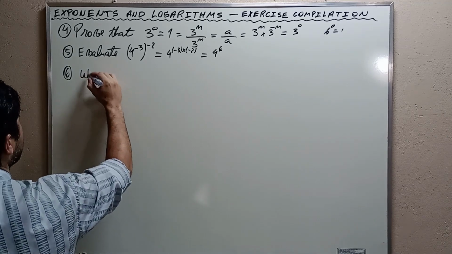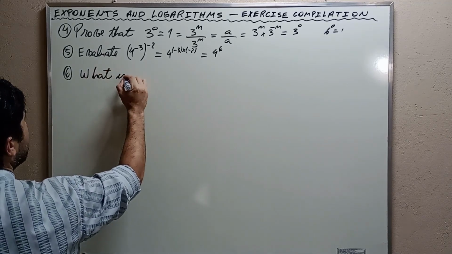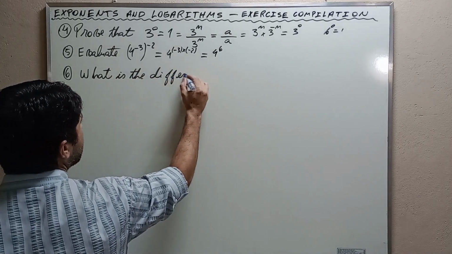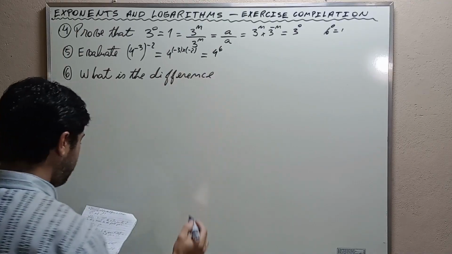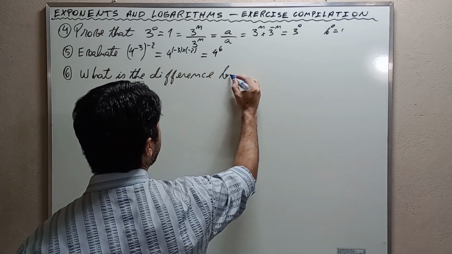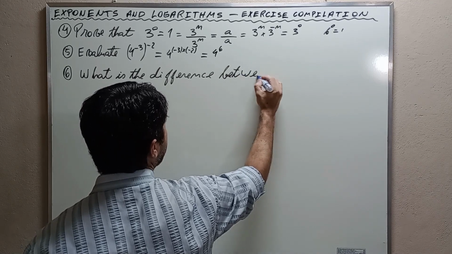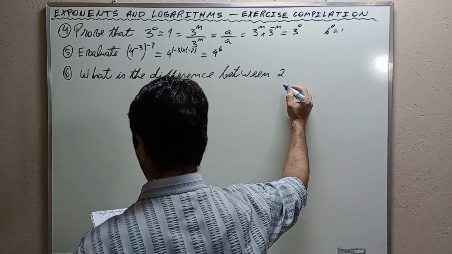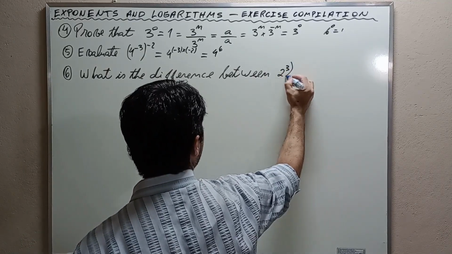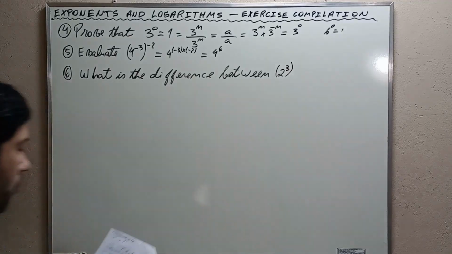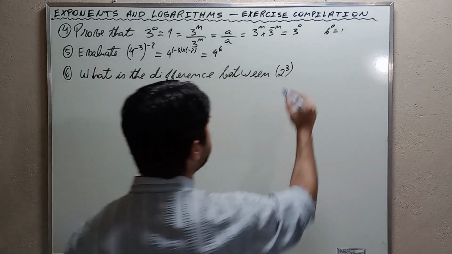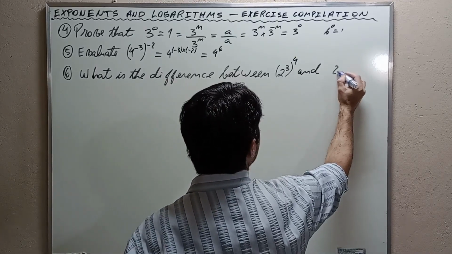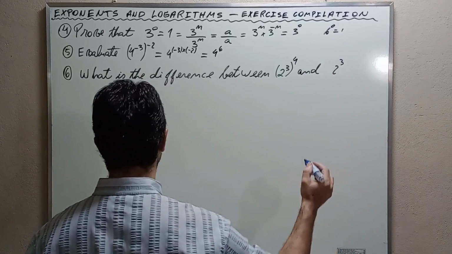What is the difference between two cubed raised to the 4th power and 2 cubed to the 4th?